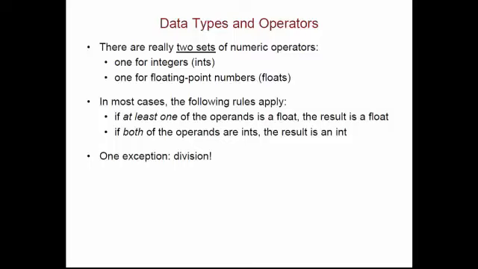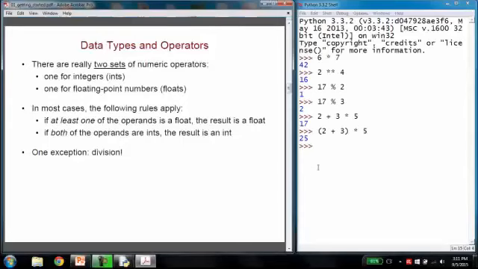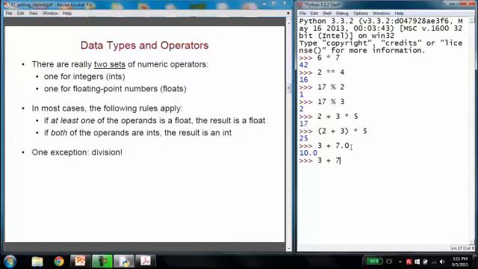But if both of the operands are ints, the result will be an int because we're using the int version of the operator. So for example, if I do 3 plus 7.0, because the 7.0 is a float, it has a decimal, I'm going to use the float addition operator and I get a float result. But if I use two ints, I get an int result.